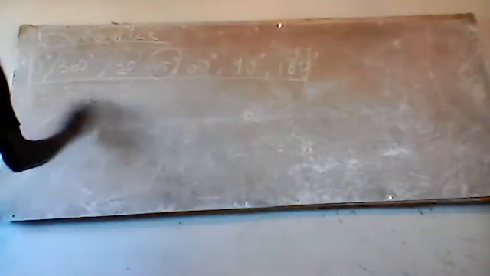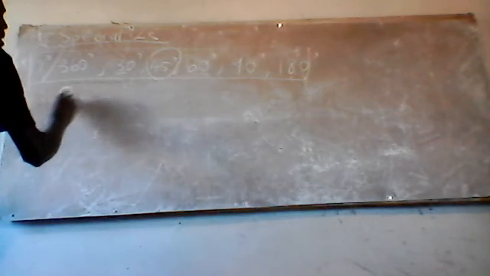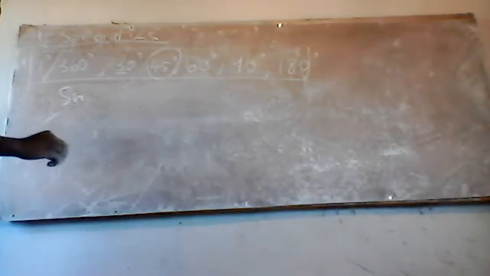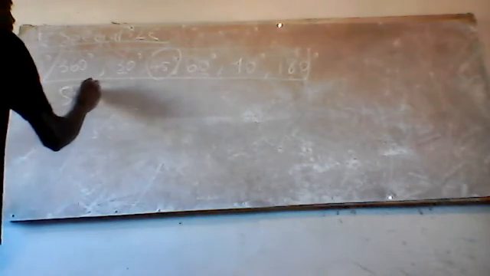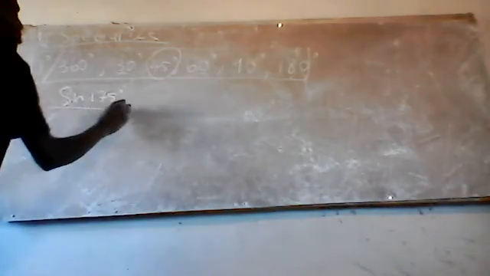Let's make an example. Let's say you are given sine of 175 degrees, and they ask you to express that 175 degrees in terms of one of those special angles.